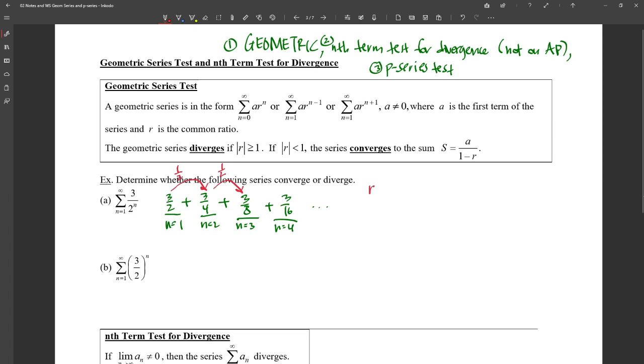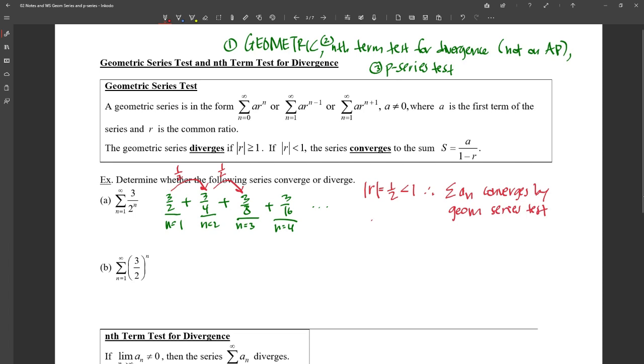My R here is equal to 1/2, okay? And that is less than 1, and I can even say absolute value here to be technical, okay? Then I can say, therefore, this series converges by the geometric series test, okay?